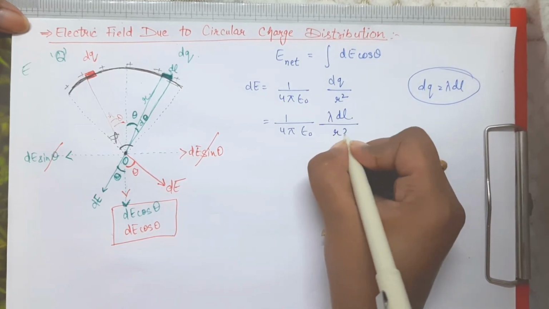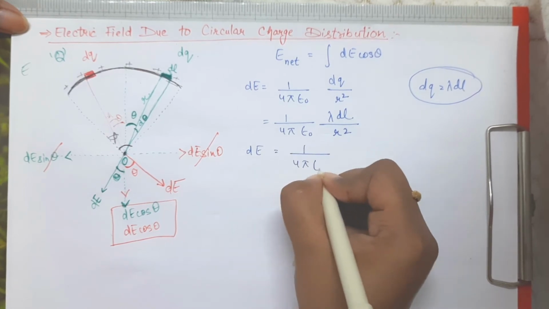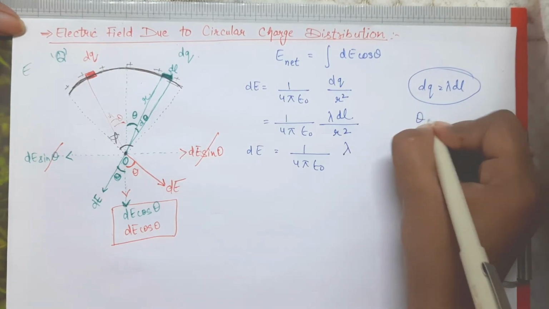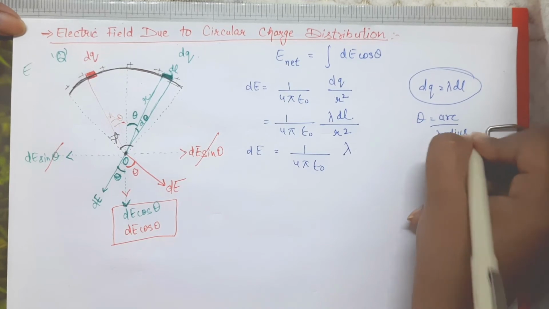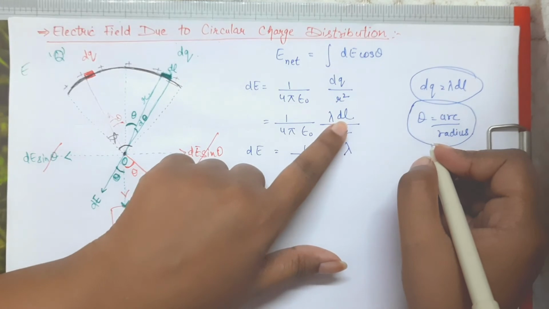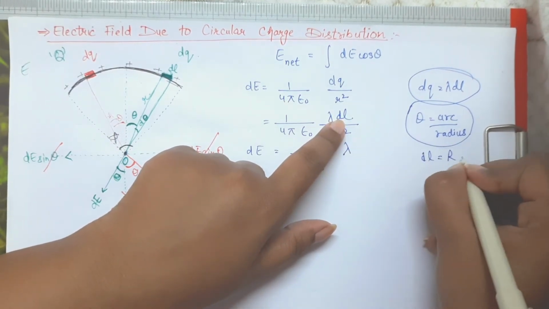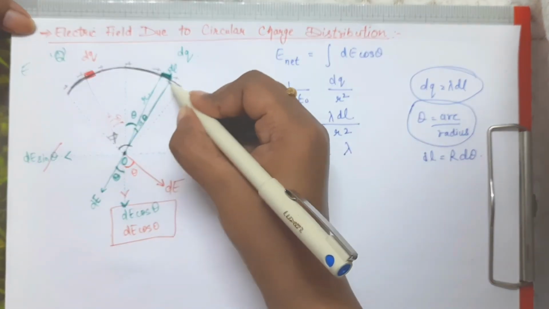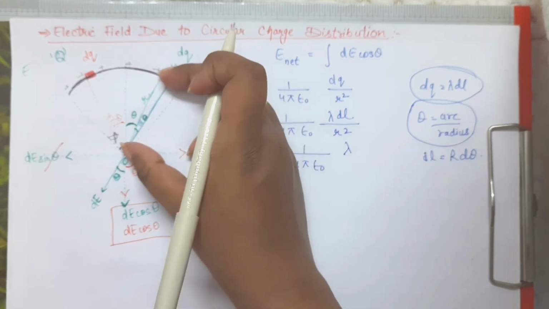divided by r square. So dE will be equal to 1 by 4 pi epsilon naught lambda into, now you know theta is equal to arc upon radius, right. So using this one, what we can write is, instead of dl we can write r d theta, right, because in this case angle is d theta, length is dl and radius is small r.